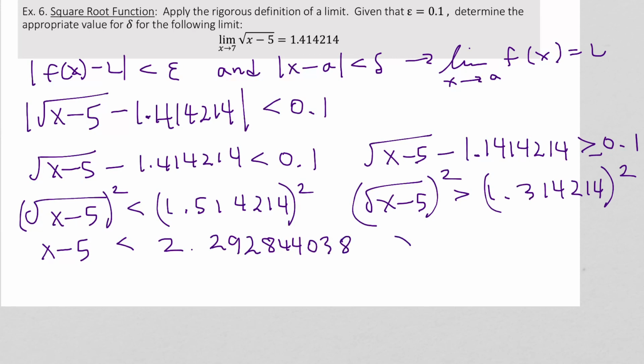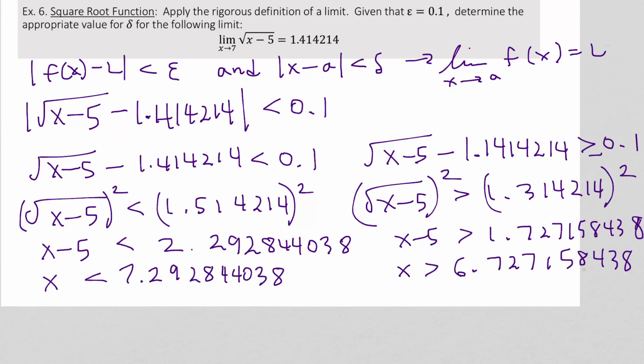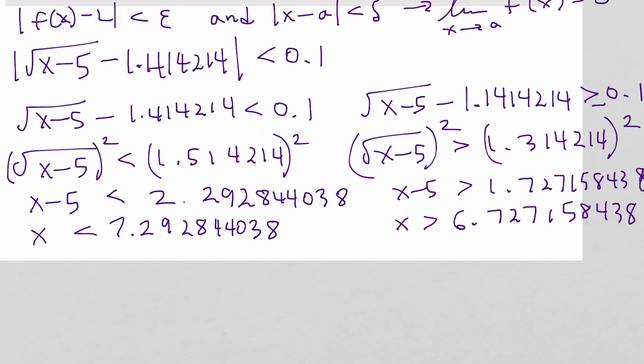And over here, same business, square both sides, and I get 1.727158438. Now I'm going to add 5 over to the other side, and there we go. So I've got those two values of x.